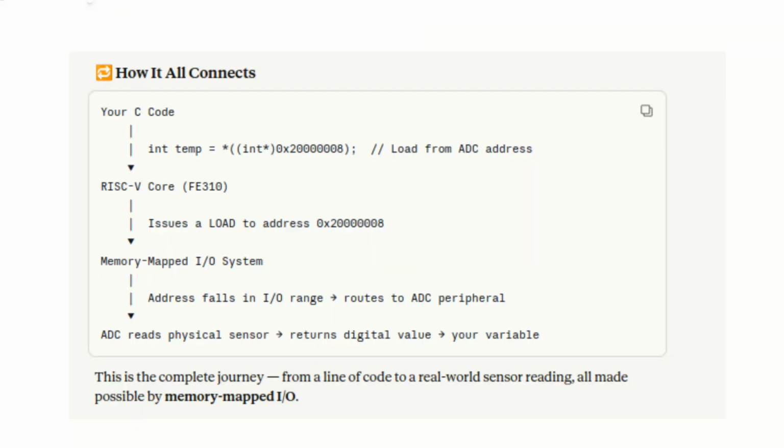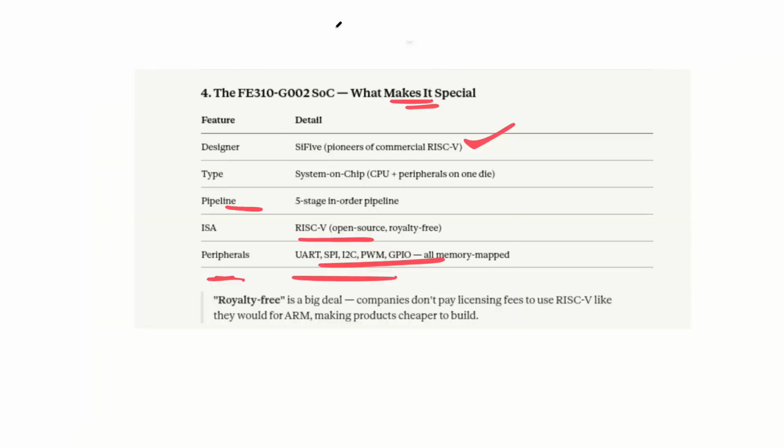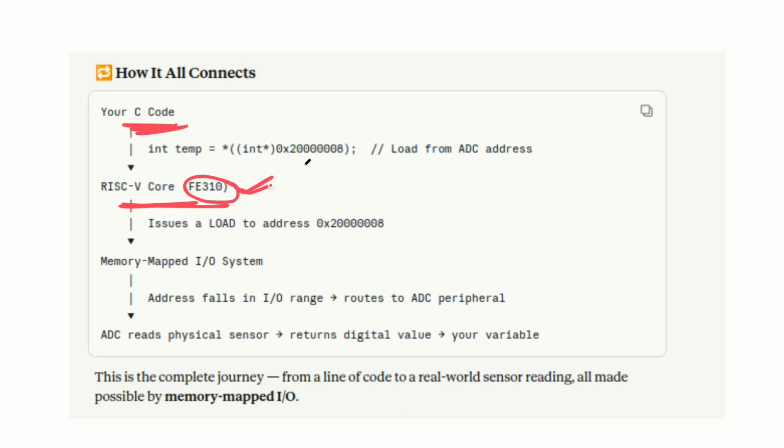Fine, here what happens is that you have a C code. First it will go to this RISC-V core, the main core, this FE310 RISC-V core. It will load this address. So if I am saying that in temp I need to load this address, that is my C code, my RISC-V core would issue a load to this address. Using the memory mapped IO system, we see if the address falls in an IO range, in the peripheral devices.